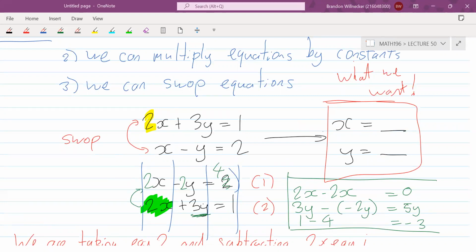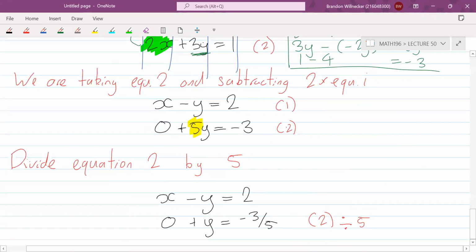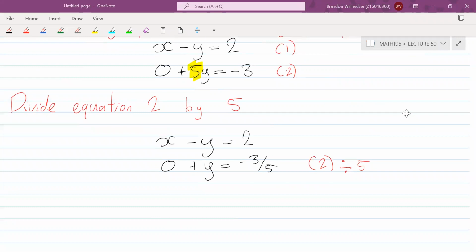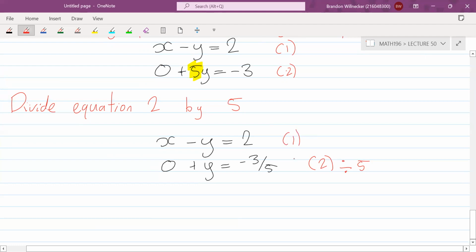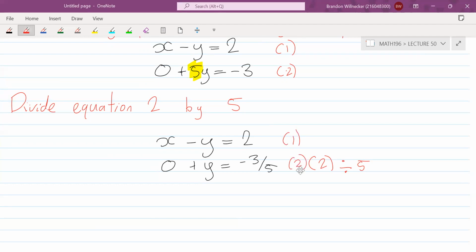Now, the first equation, we want that to be x equals and then the solution for x. So what can we do to get rid of this minus y? Because we want x equals something. So this minus y, that needs to go away. What can we do? Any ideas? Okay, so we know the rules.